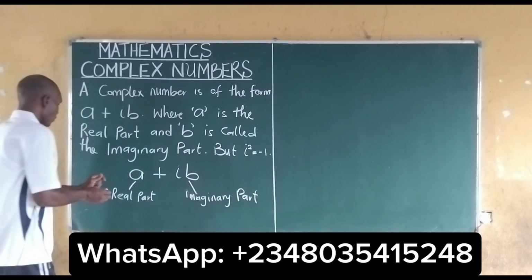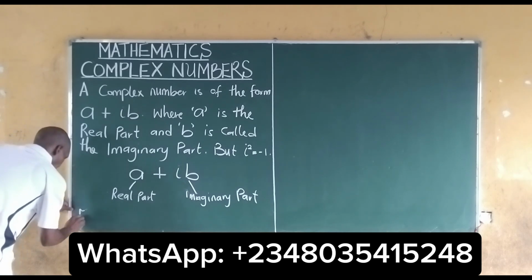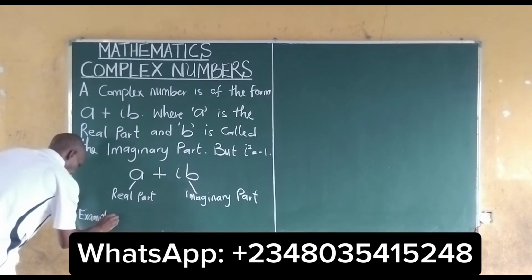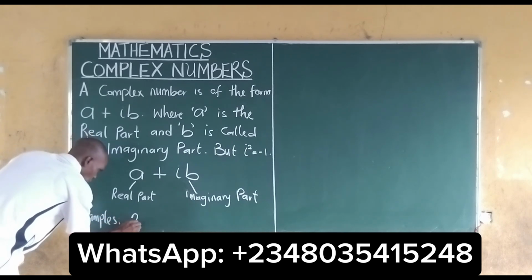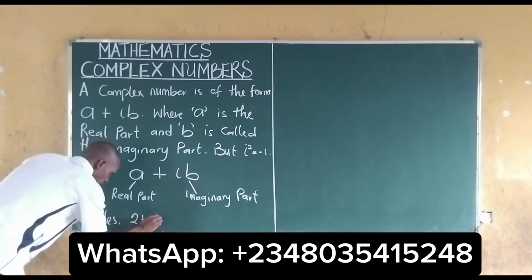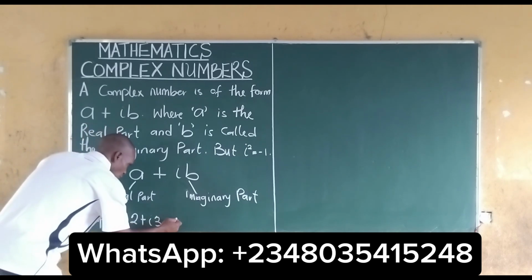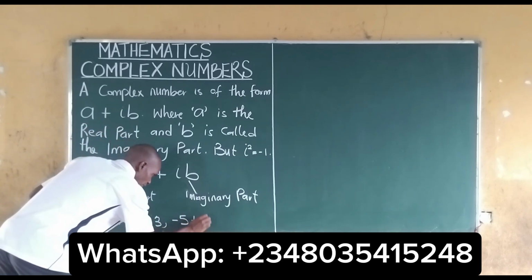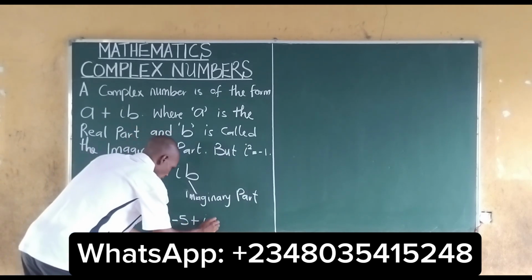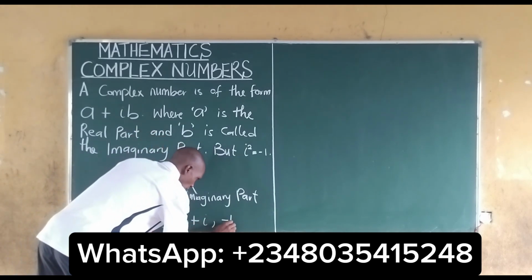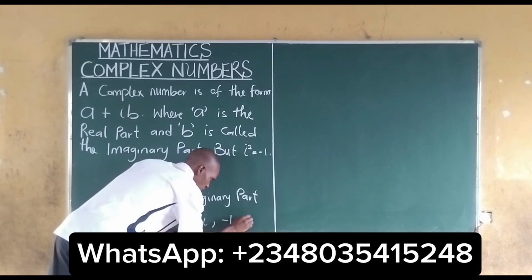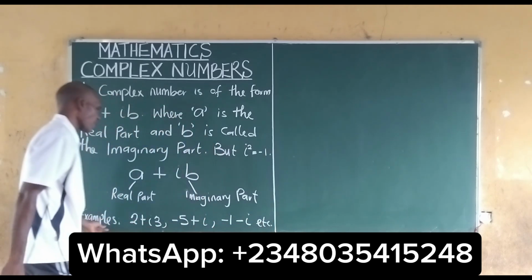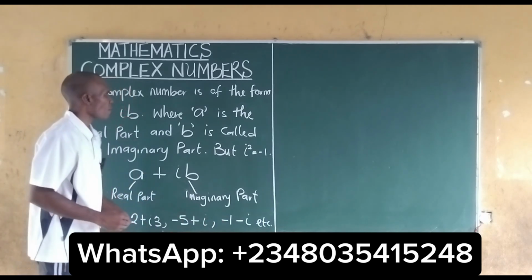So we can take some examples of complex numbers. Examples: they are written as 2 plus 3i. It can be written as negative 5 plus i. It can also be written as negative 1, negative i, etc. So complex numbers can be written in this format.